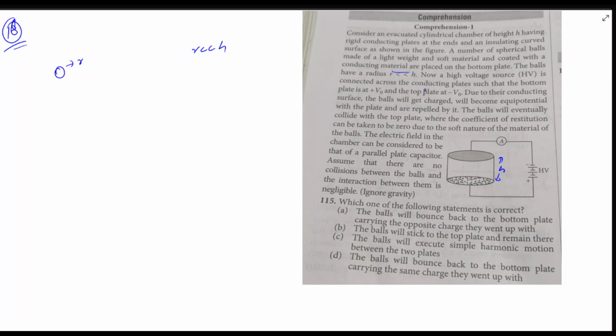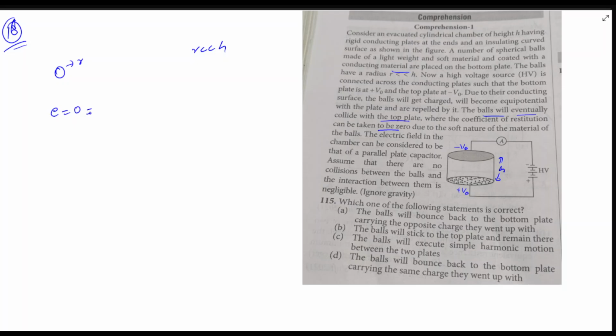Now high voltage is connected, so this is minus V naught and this is plus V naught. So actually it is 2 V naught, right, potential difference. Due to their conductivity, the ball gets charged and will become equipotential with the plate and is repelled by it. The balls will eventually collide with the top plate, where the coefficient of restitution is taken to be 0.